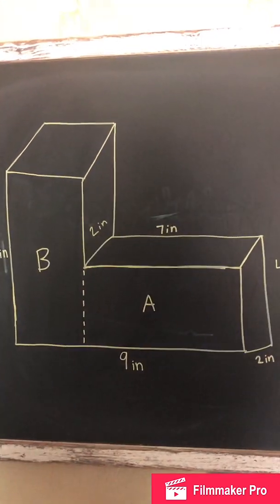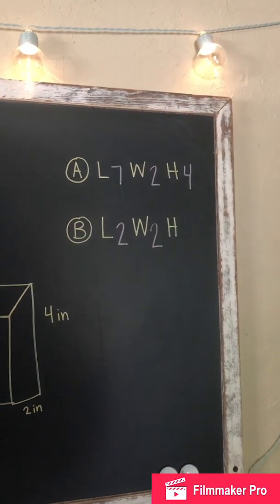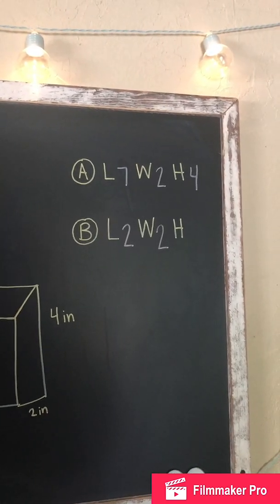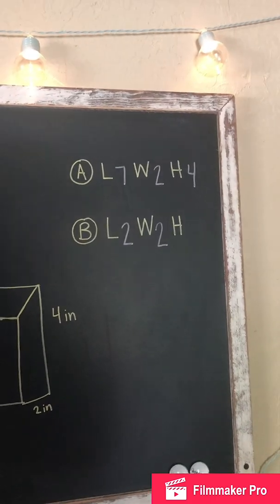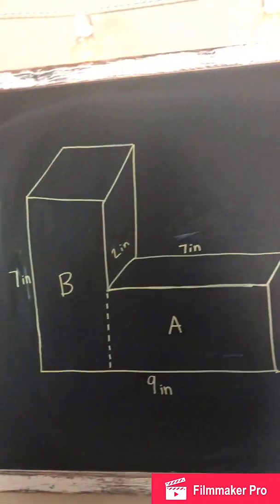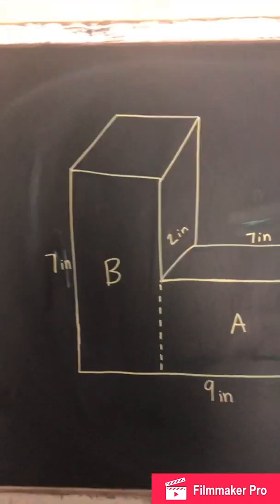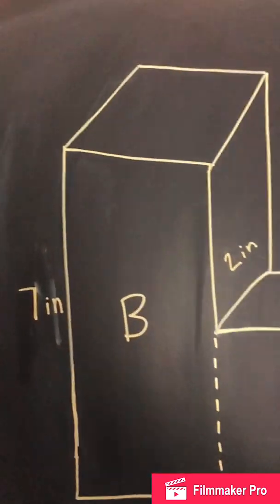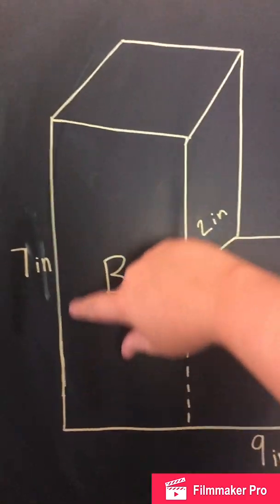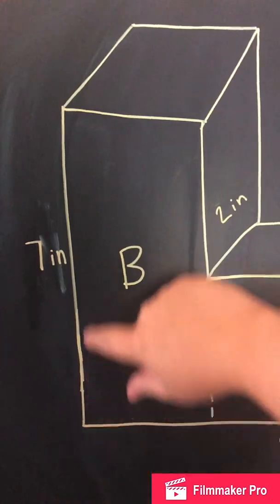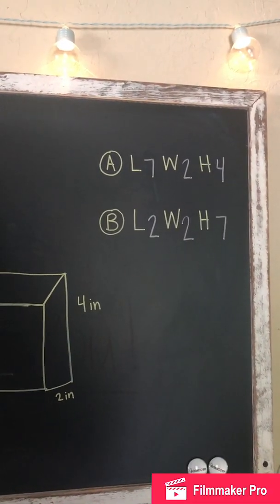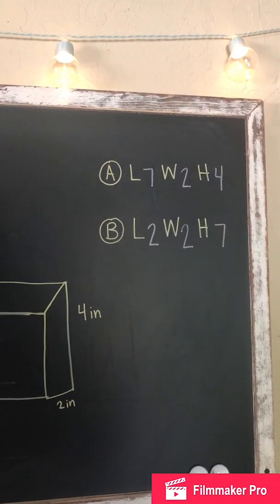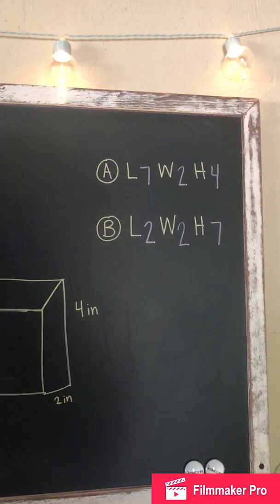I went ahead and drew mine in, and I filled in the width for rectangular prism B. That's 2 inches. Now all we have left is our height. If we look over here at rectangular prism B, we do have our height labeled. It is 7 inches. That's how tall rectangular prism B is. Now we have all of our dimensions for both rectangular prism A and rectangular prism B.